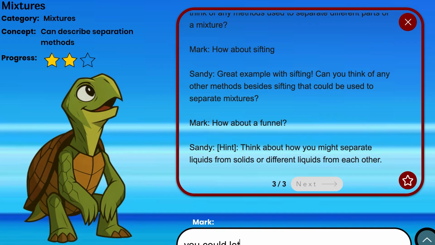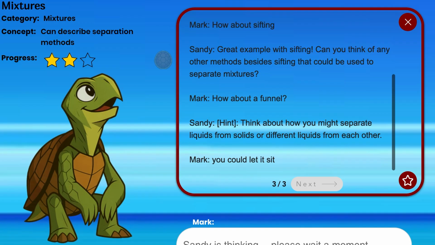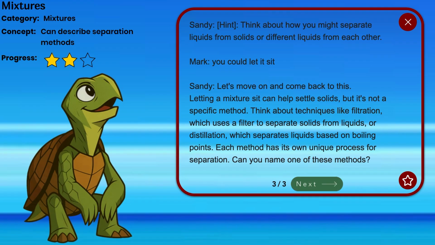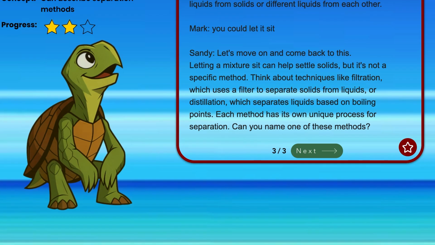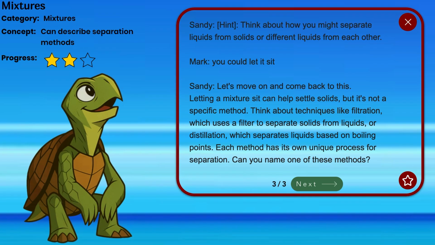You could let it sit. And then it says, let's move on and come back to this. Letting a mixture sit can help settle solids, but it's not a specific method. Think about techniques like filtration, which uses a filter to separate solids from liquids, or distillation, which separates liquids based on boiling points. Each method has its own unique process for separation. Can you name one of these methods?